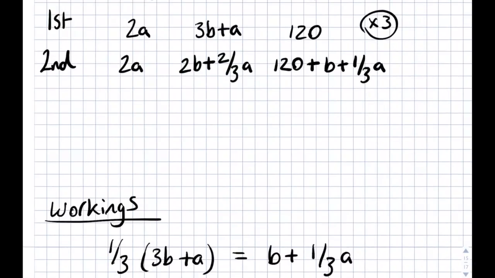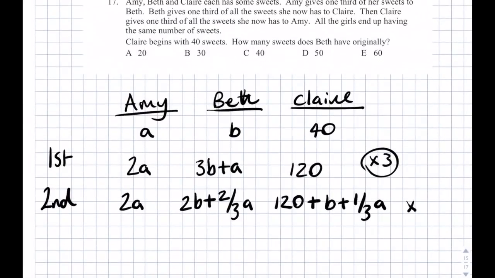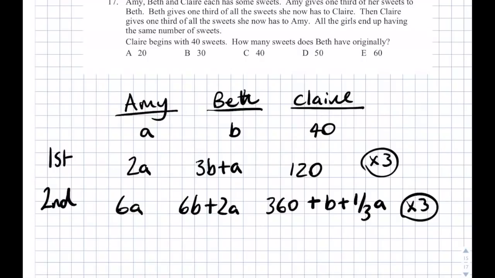Again, we're going to get even more fractions, because what's going to happen is Claire gives 1/3 of all her sweets to Amy, so then we're going to have to do 1/3 of this. I don't want to do that again, so I'm going to multiply the second situation all by 3. So this becomes 6A, this becomes 6B plus 2A, and this becomes 360 plus 3B plus A. Right, and we say Claire gives 1/3 of all her sweets she now has to Amy.